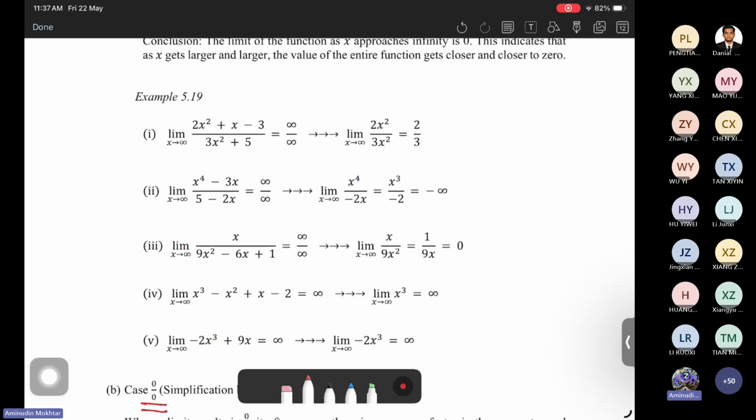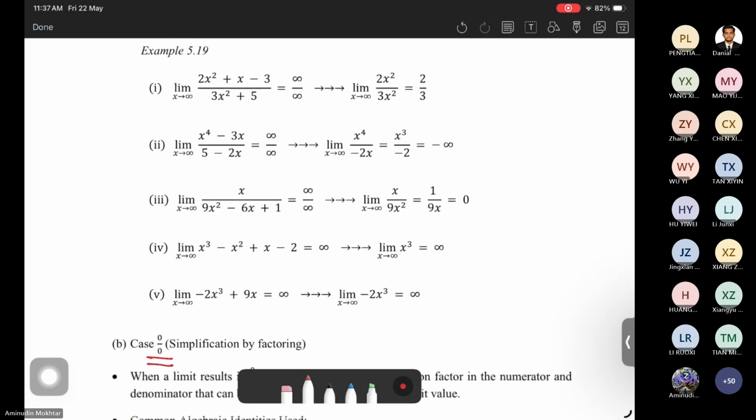All this is based on example 1.59, where we have this form infinity divided by infinity, especially for 1, 2, and 3. For 4 and 5, in this case, there's no rational function. We just get the infinity, then we still get the same answer.